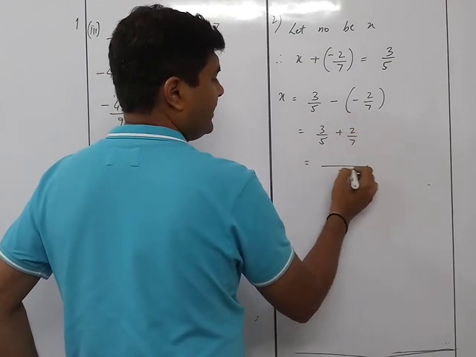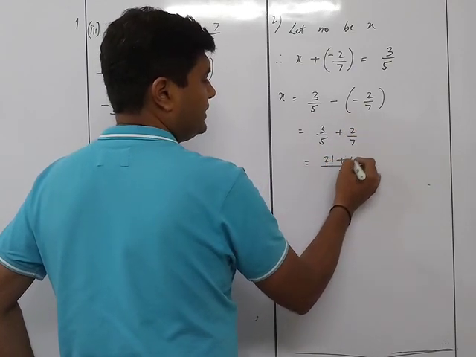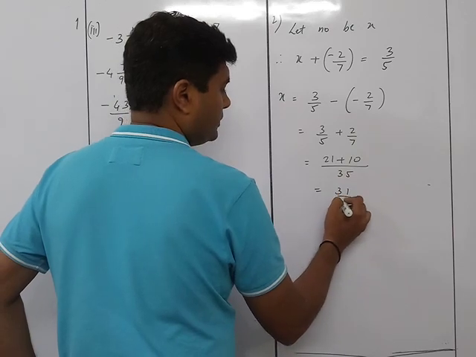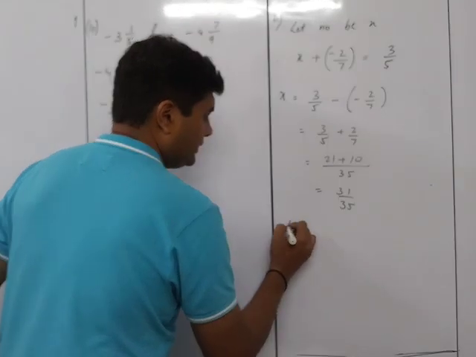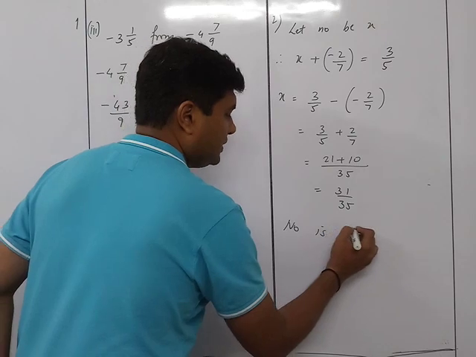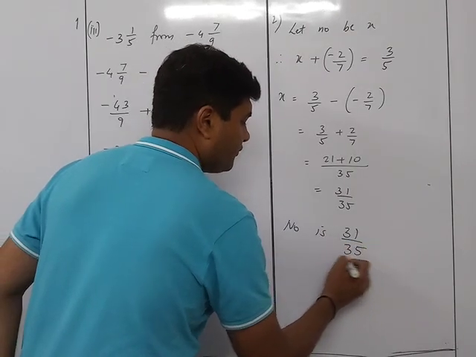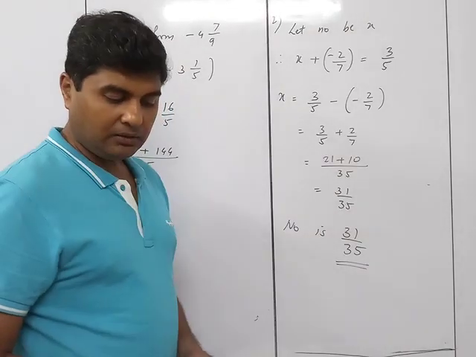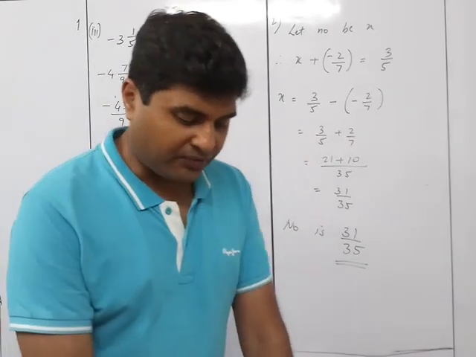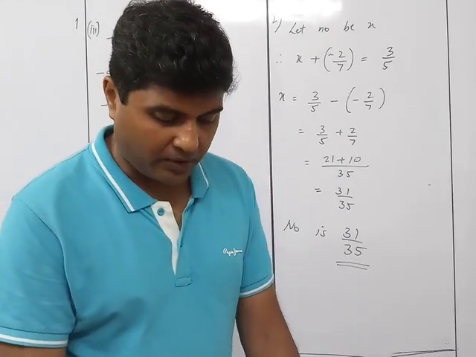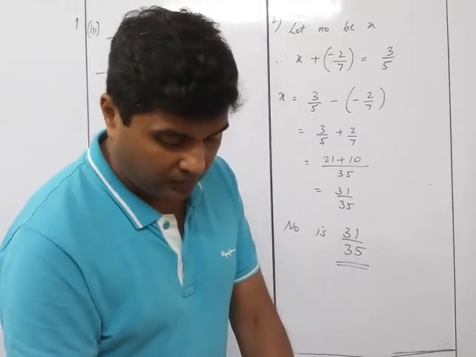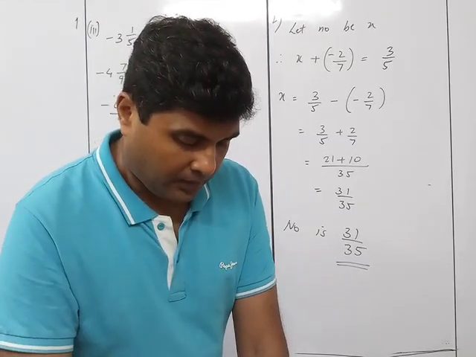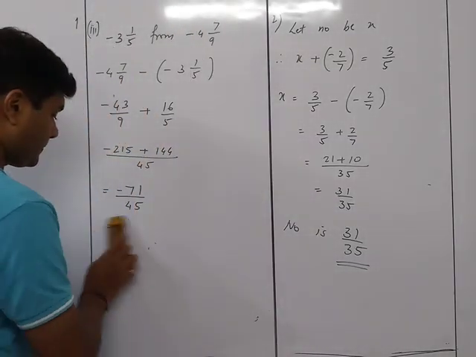LCM is 35, so 21 plus 10 is equal to 31 upon 35. So therefore the number is 31 upon 35. Clear? So what is the other number? The other number we found is nothing but 31 upon 35. Let's see the next question.